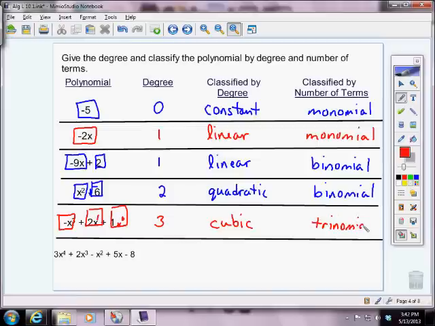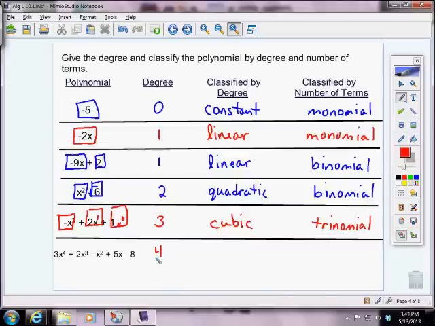Okay, and looking at the last one here, what degree is this? We have x to the fourth, x to the third, x to the second, x to the first, x to the 0. See how handy this comes in when it's written in standard form? We really don't even have to go through all of them if it's in standard form, because the greatest degree is always going to come first. So this is a fourth degree.